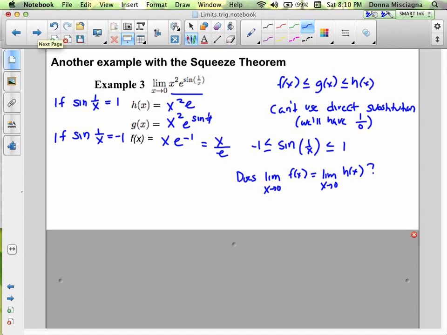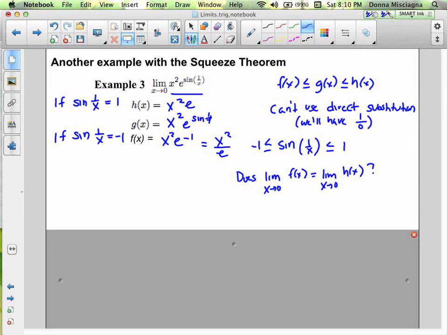So the largest value x squared times e to the sine 1 over x could be is x squared times e. The smallest value it could be is x squared divided by e.